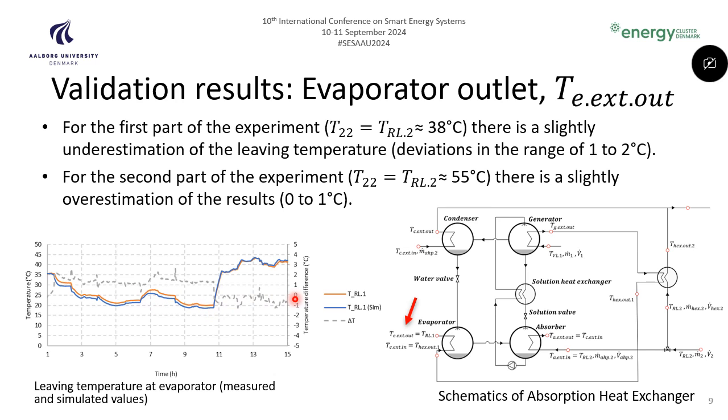Then in the second part of the experiment, where this temperature was increased to 55 degrees, we have a slight overestimation, where the leaving temperature at the evaporator for the simulation is slightly higher than the measured values at the laboratory.